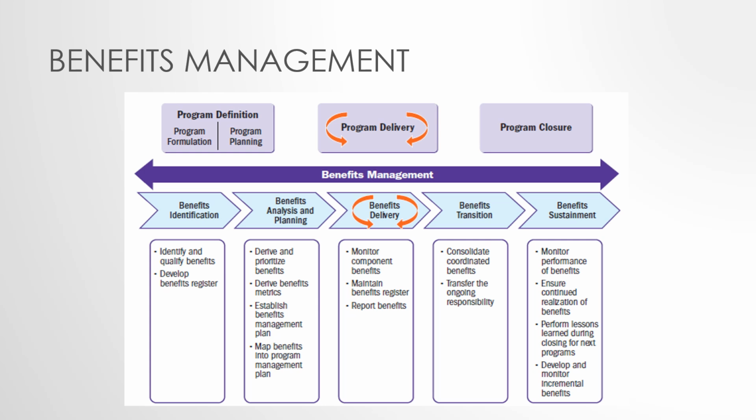The first step of benefits management is all about benefits identification, as in which benefits do we expect our program is able to deliver. This step also covers developing the benefits register, which we will talk about in more detail later today. Think of it as the piece of paper or the document that saves all the identified benefits and their associated information.